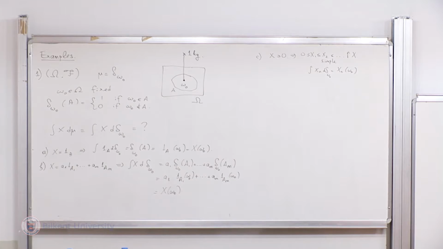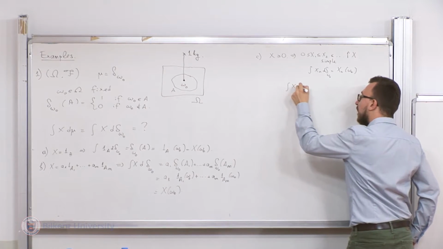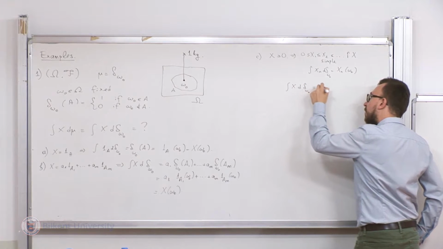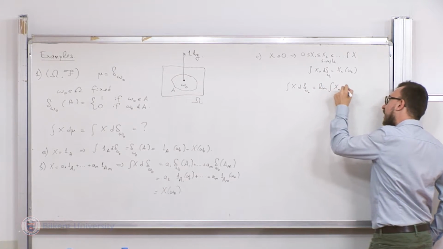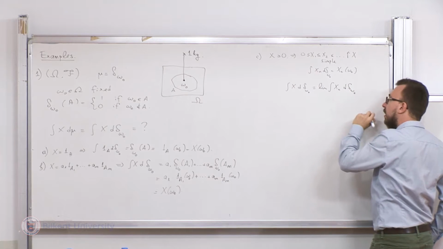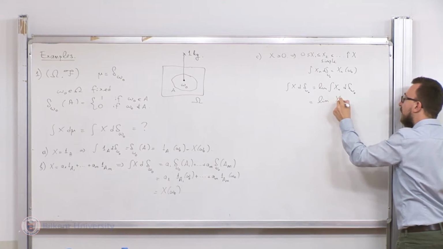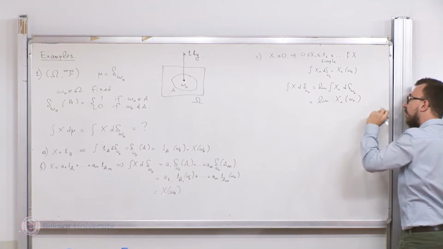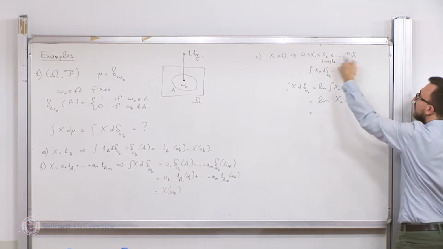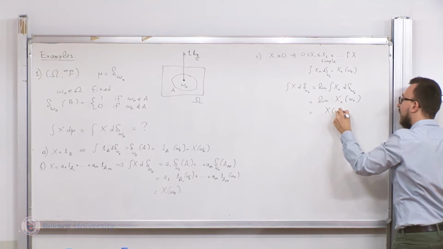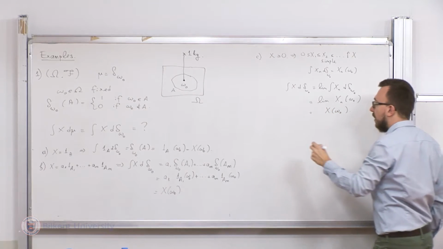So by the previous step, for each of the simple functions, you're just going to evaluate your function at omega 0. Therefore, the integral of x will be the limit of integrals of xn's. And each of those integrals is equal to xn of omega 0. And since xn's converge to x, you again get the same result.